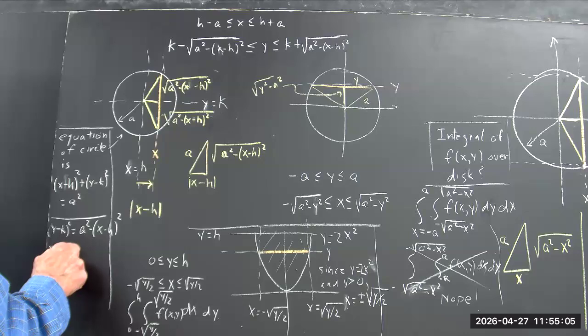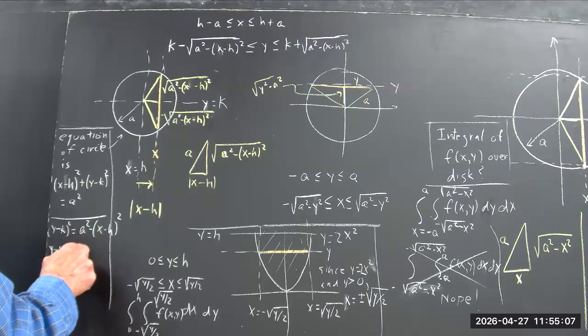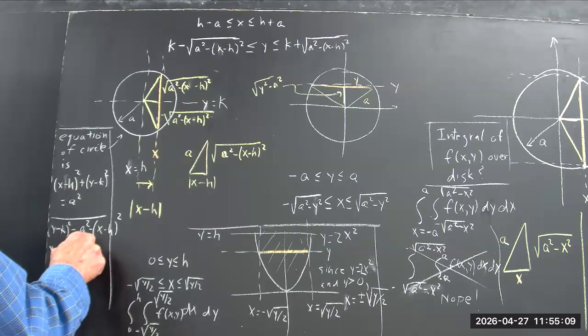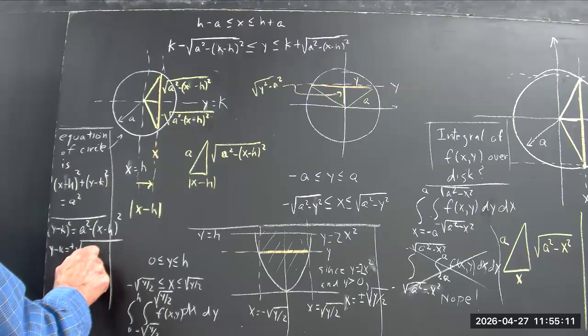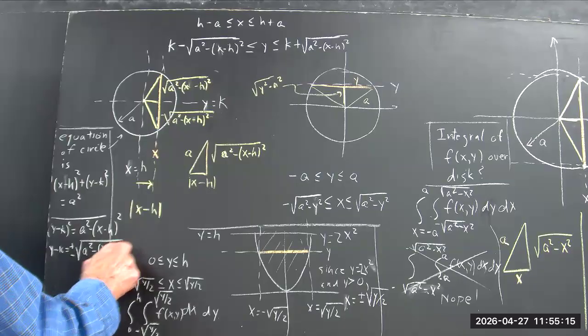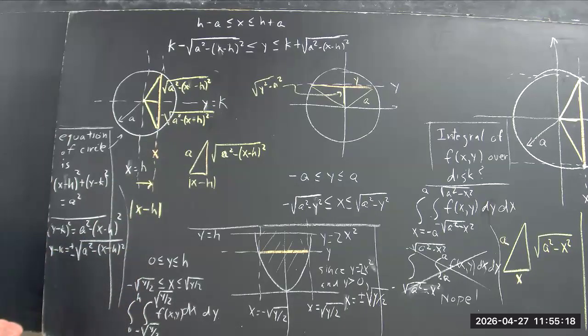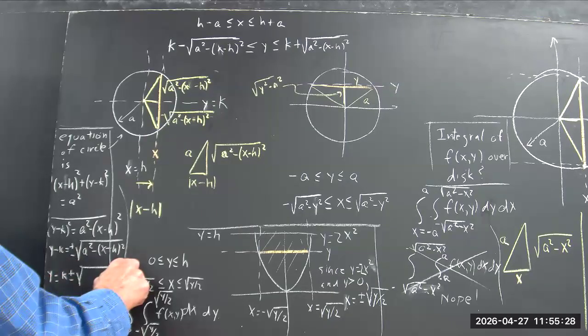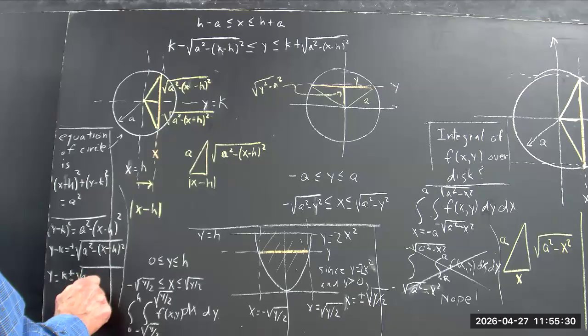Well, y minus k equals plus or minus the square root of a squared minus quantity x minus h squared. So then you get y equals, add k to both sides. We could write the solution as k plus or minus the square root of a squared minus quantity x minus h squared.